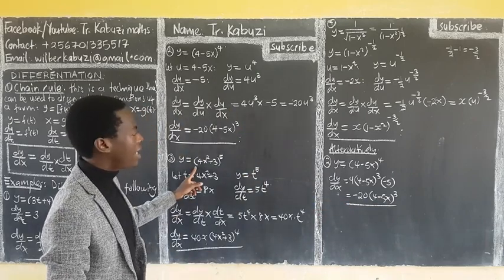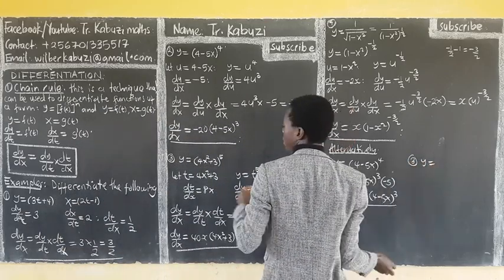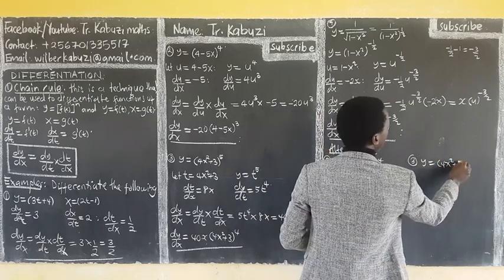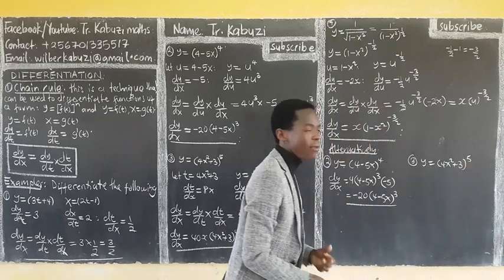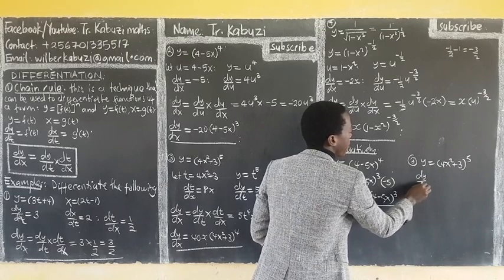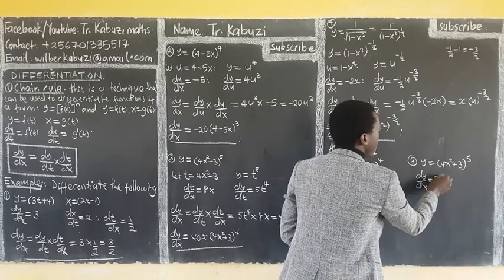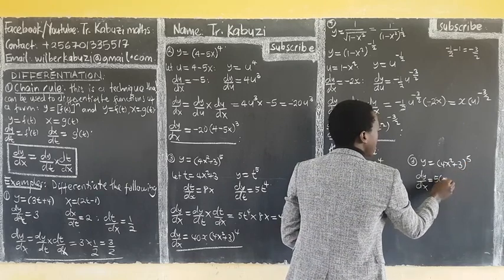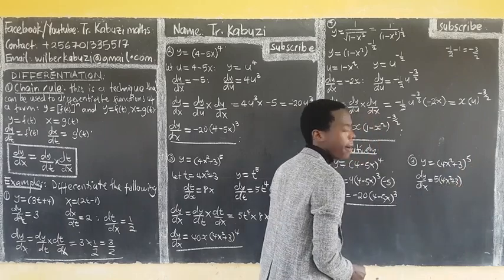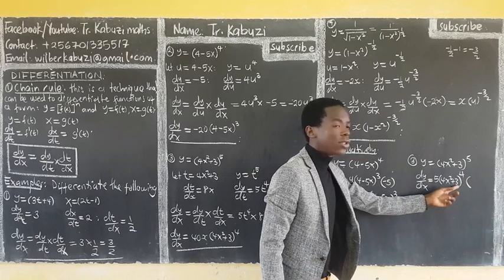Or even here, if you know that property, come to number 3, our y will be (4x squared plus 3) the whole power 5. Can you apply that technique? To get the dy/dx, we lower the power, which is 5 times, we maintain this bracket, 4x squared plus 3, and reduce the power by 1, which gives 4. Now, we also differentiate this bracket.